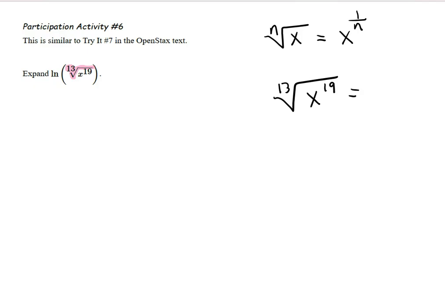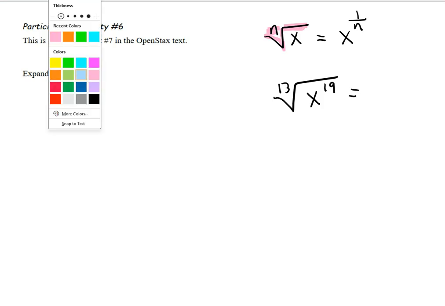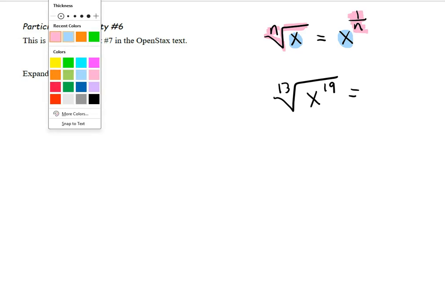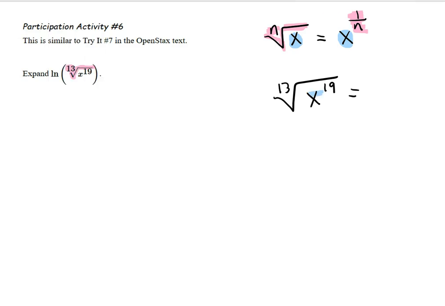So remember, the nth root of whatever is under your radical, you're going to raise it to the 1 over nth power. Now, what we have is an x to the 19th underneath our radical.